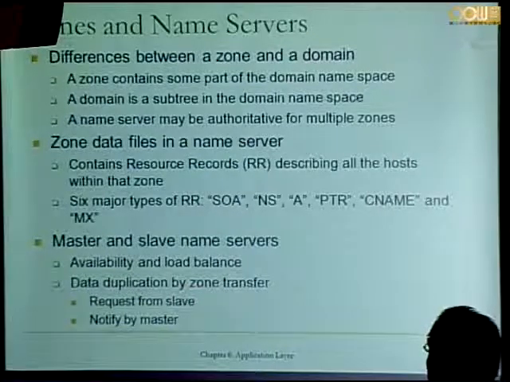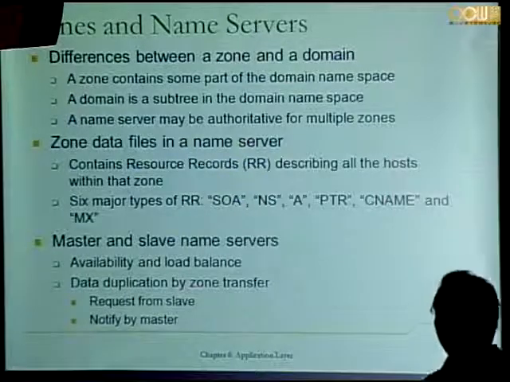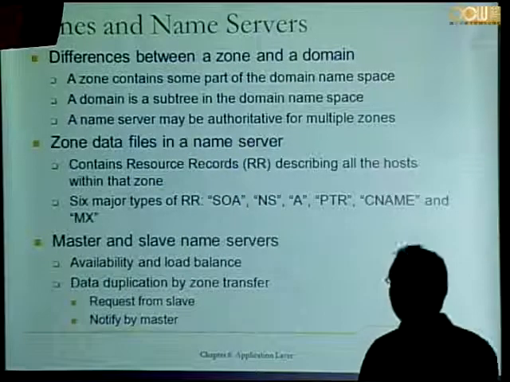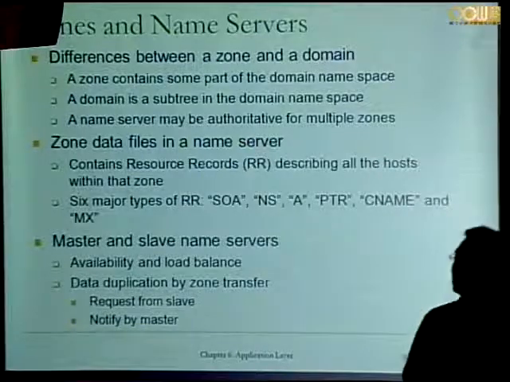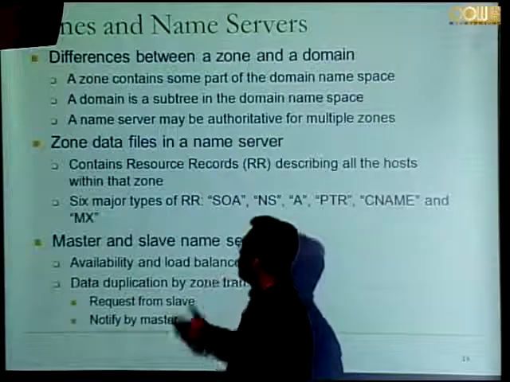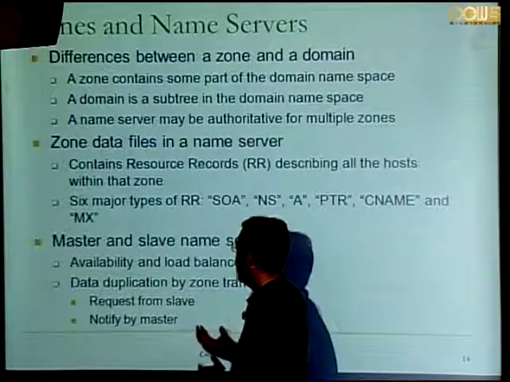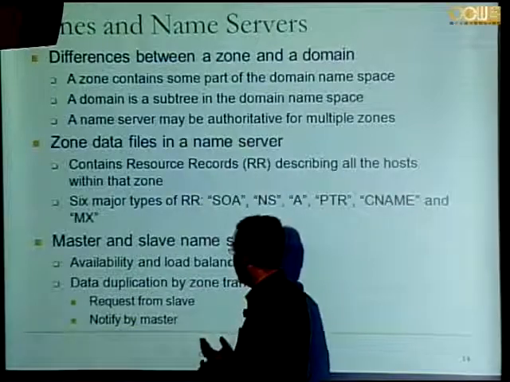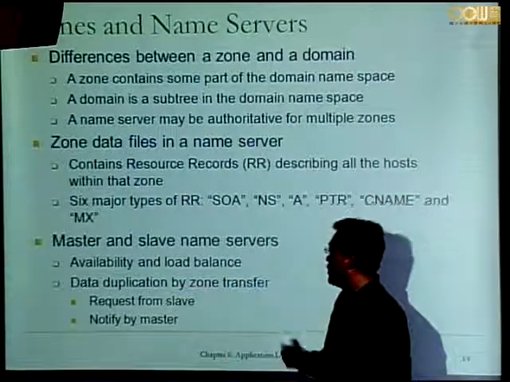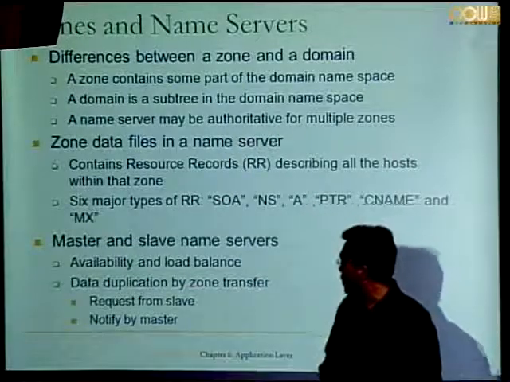And a name server for a zone would have a master server and slave servers. So for a zone, I could have one master and several slaves, for the purpose of higher availability and better load balancing.